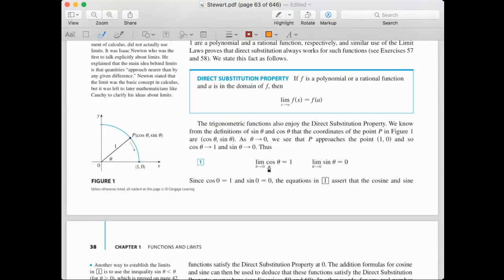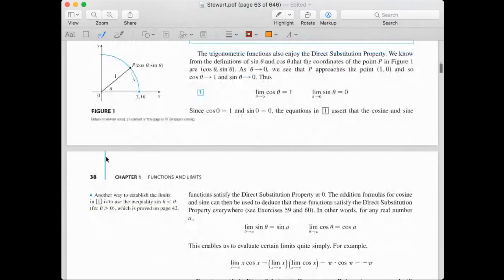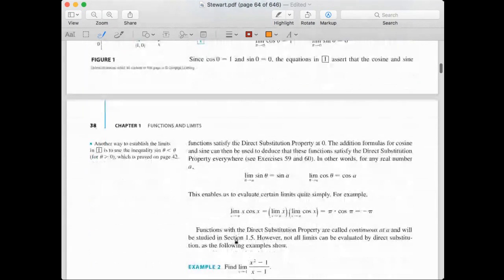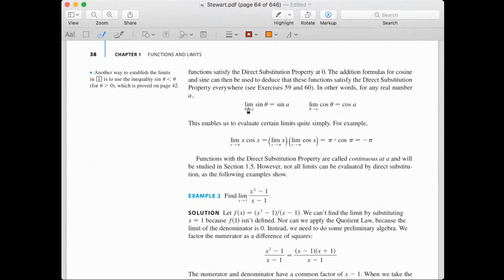Right, so the limit of cosine at 0 is 1, the limit of sine at 0 is 0. You can also see it from the graph. Well, in general, the limit as theta approaches a of sin theta is sine a. The limit as theta approaches a of cosine theta is cosine a.